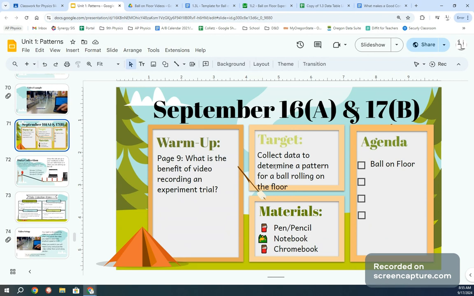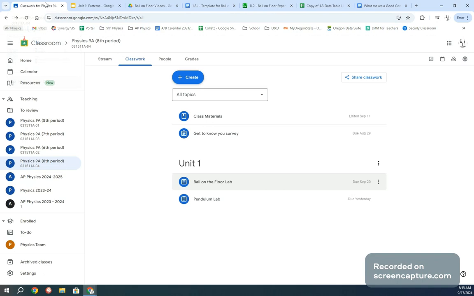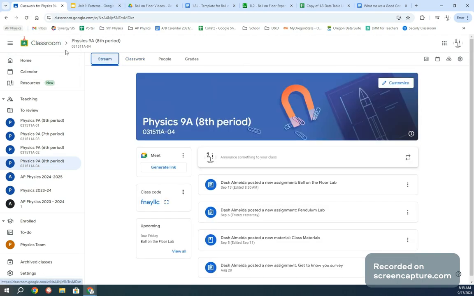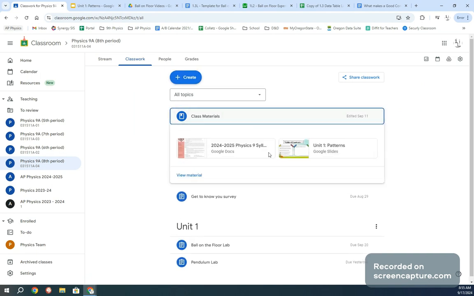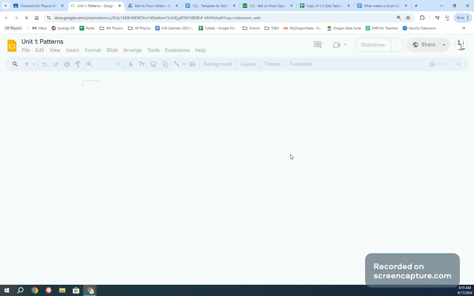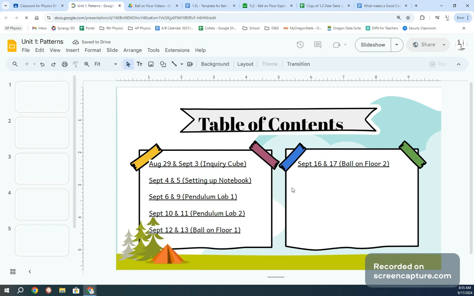For these slides, you are going to need to have access to them. So just a quick reminder of where to find those. If you go to your class period, I'm on 8th, but 6th is the same. And you go to classwork, class materials, and the Unit 1 patterns. This is going to have all the slides for Unit 1. And so this is where you go each day.